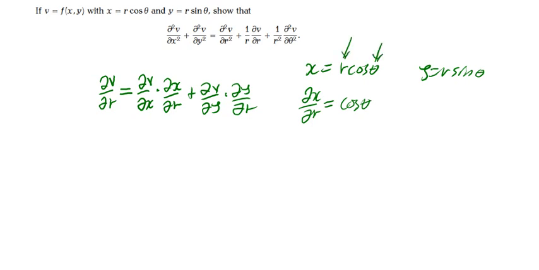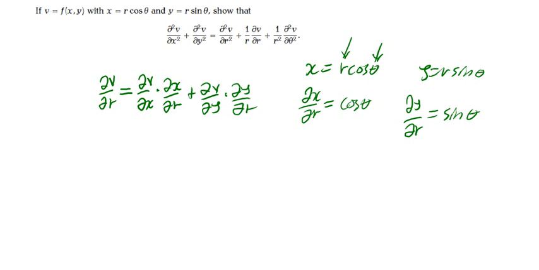But since I'm differentiating with respect to r, because these are partials, I'm treating theta as a constant. So when I differentiate r, that's just 1 multiplied by cos theta, which is still cos theta. The same applies here: the partial of y with respect to r is equal to sin theta, because you're treating theta as a constant.